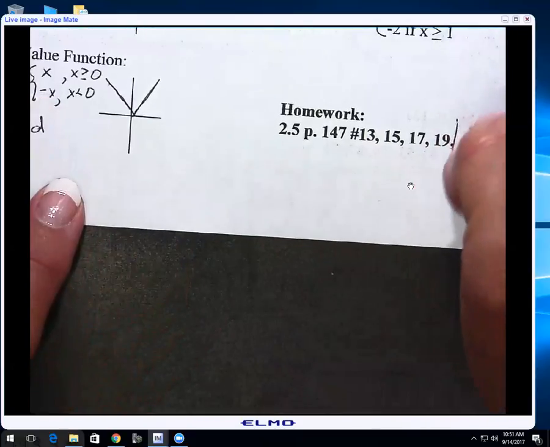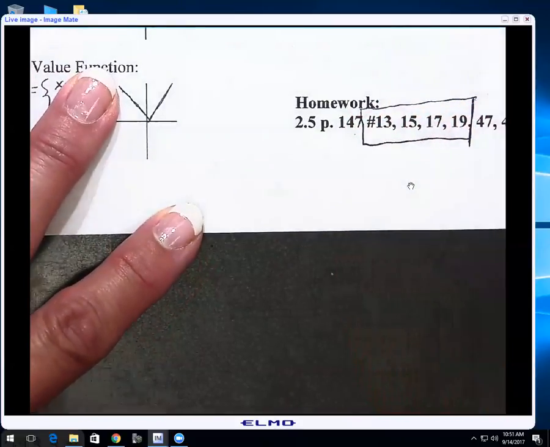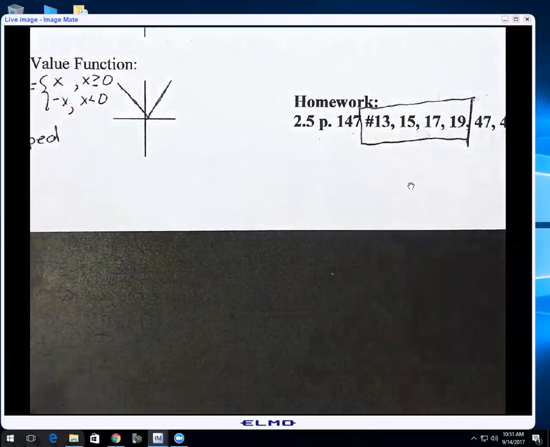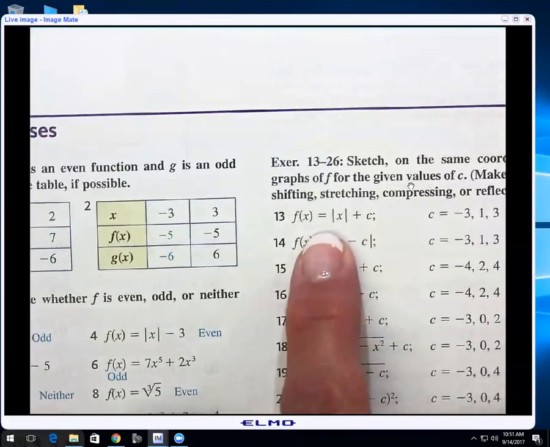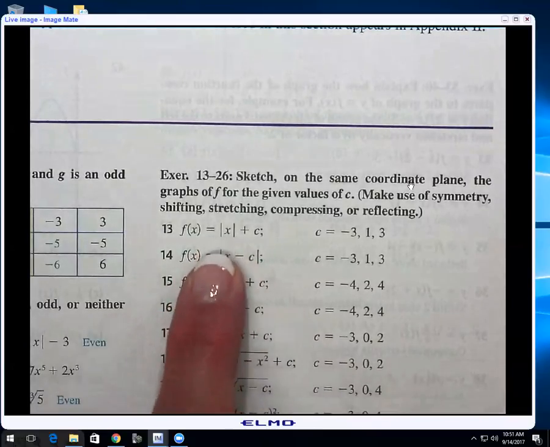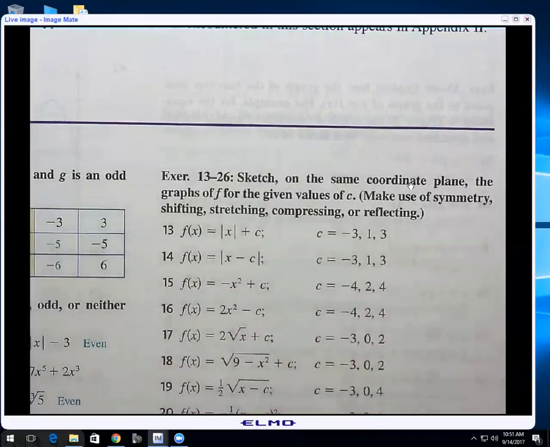So in addition to 2.4, I just want you to do those 4 problems. And you think, yay, that's only 4 problems? But A, B, C, D, E, F, G. Number 13, for example, is actually going to have 3 graphs. It's going to be V-shaped. So you show me a V that's been shifted down 3, up 3, whatever else it says.